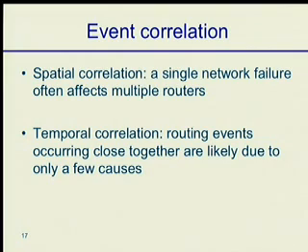So in terms of event correlation, we do both spatial and temporal correlation, to understand that problems that occur together in time are most likely due to the same underlying cause. And a single network failure typically affects multiple routers. So in the end, we think there aren't many simultaneous events happening all at once.